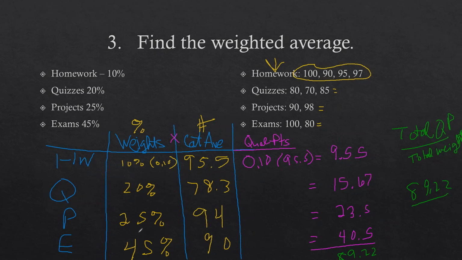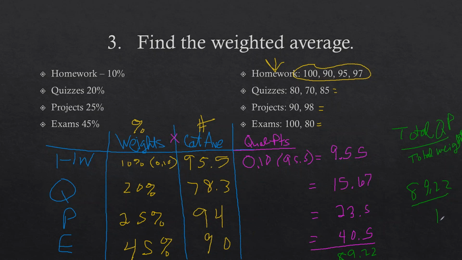If you add up all of the weights, what should you get? 100%. What's 100% as a decimal? 1. Just one. So in this particular example, you're taking your quality points divided by 1.